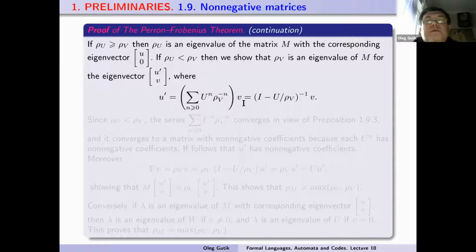So let's assume it is equal to the product of the inverse of (rho(V) I minus U), divided by rho(V), multiplied by V.